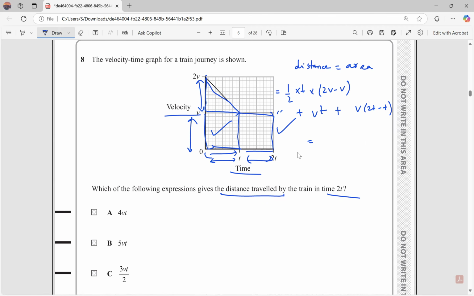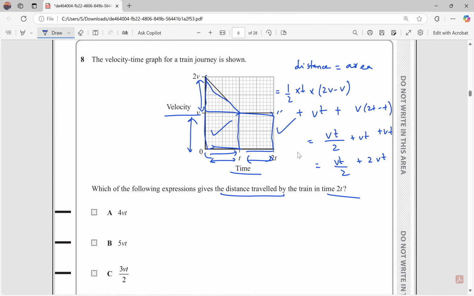So, what do we have here? Let's just simplify it. Vt over 2 plus Vt plus Vt. So, Vt over 2 plus 2Vt.